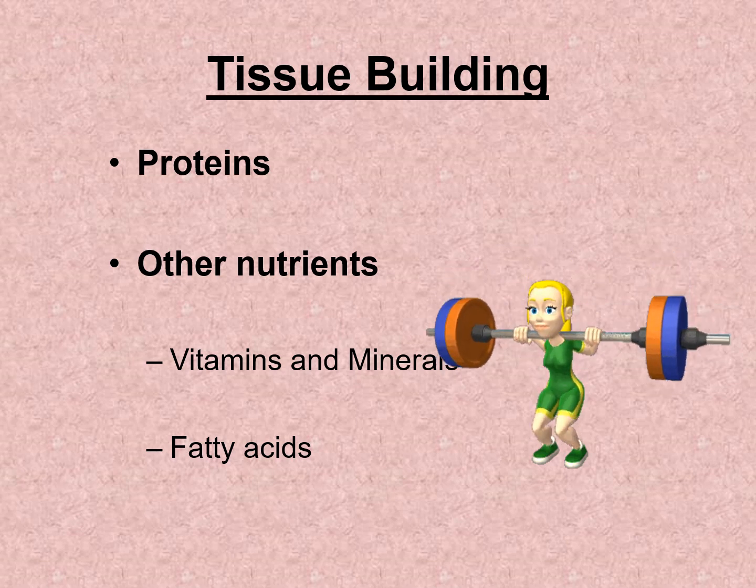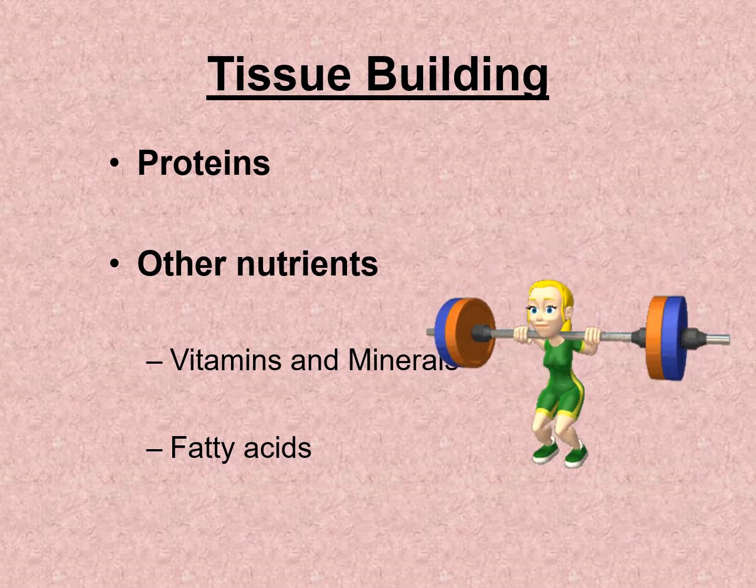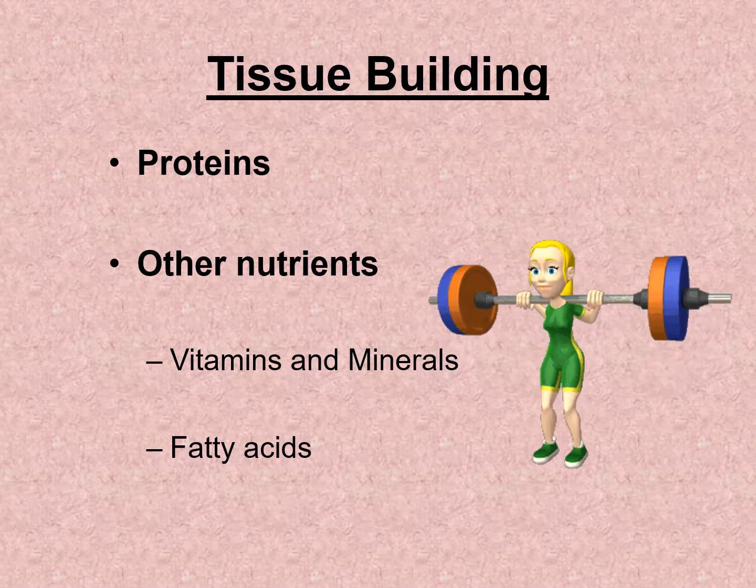Calcium and phosphorus build and maintain bone tissue. Iron contributes to hemoglobin. Fatty acids help build the central fat substance of cell walls and promote the transport of fat-soluble materials across the cell wall, such as vitamins.